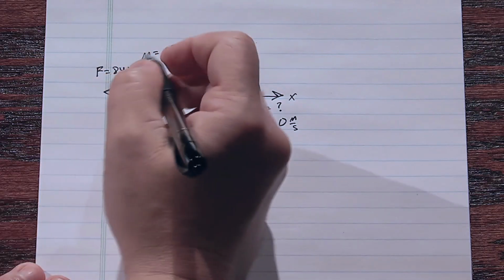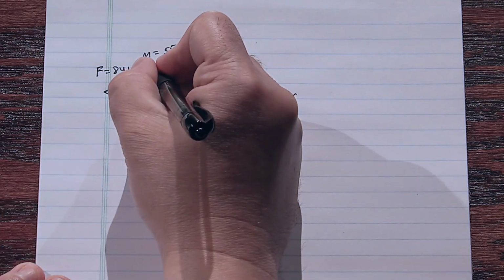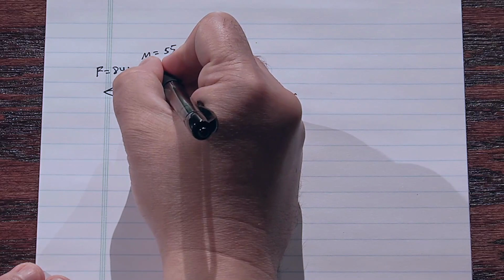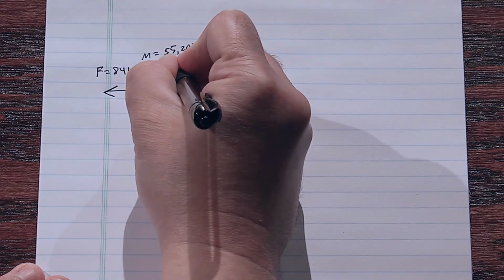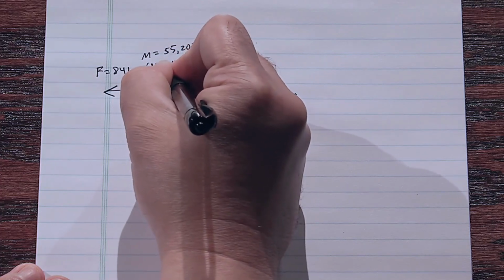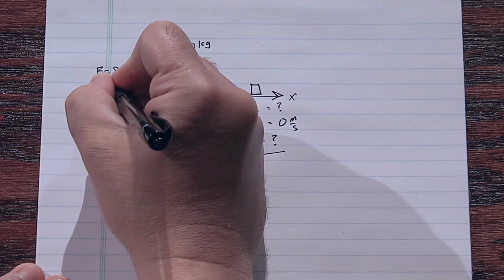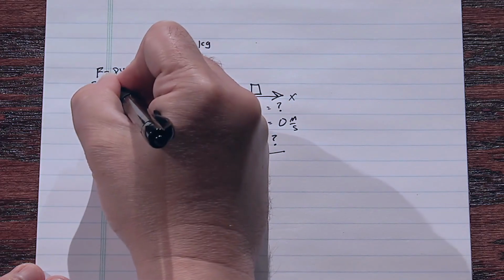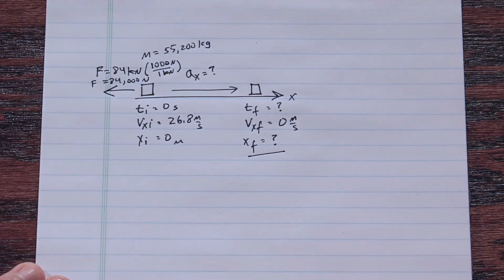And we have to convert that to newtons. And our conversion factor is going to be 1,000 newtons is the same as 1 kilonewton, so that the force is 84,000 newtons.